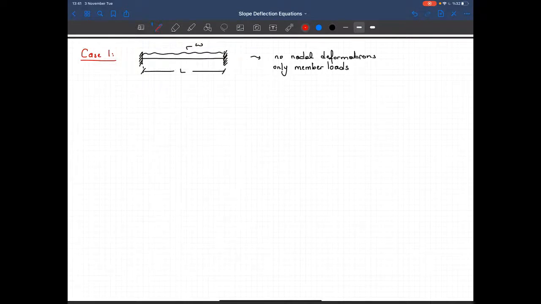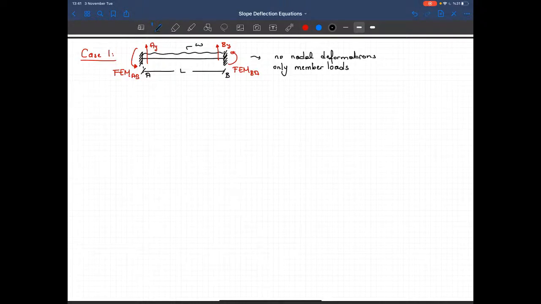For this specific case, I had a fixed moment AB here, and I had a fixed moment BA here. Let's also show the shear forces AY and BY, and of course this point is A and that point is B.